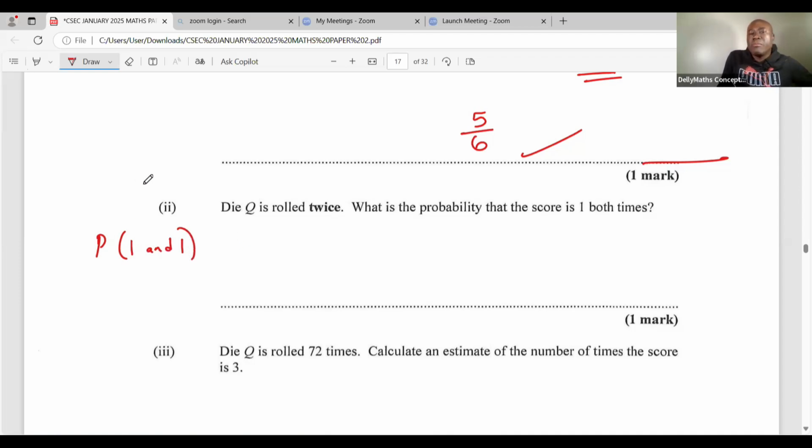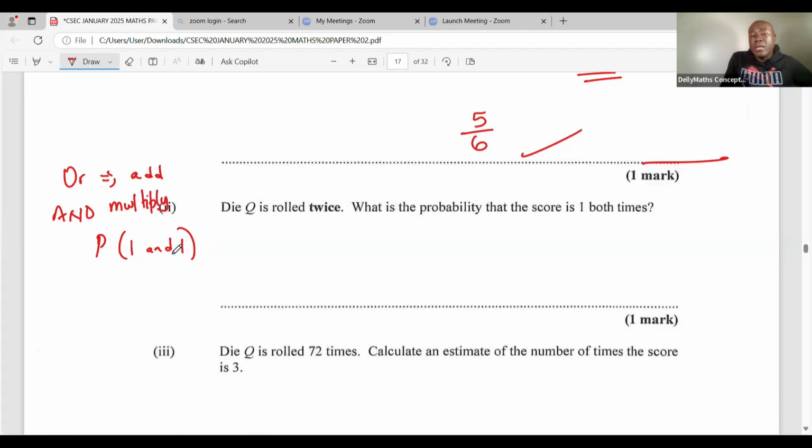Here is something you could quickly learn: if it's "or", meaning we would add the probability. But whenever it's "and", we multiply our probability.